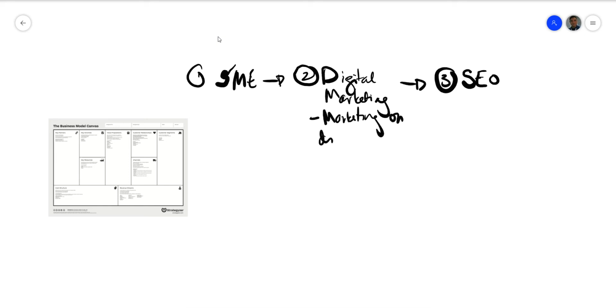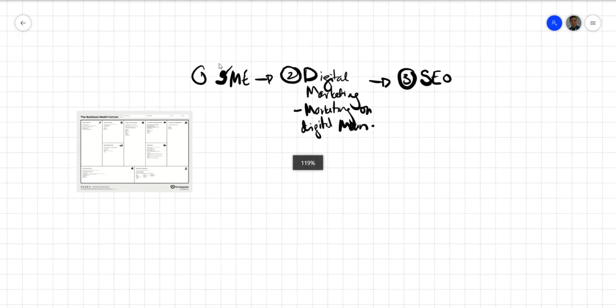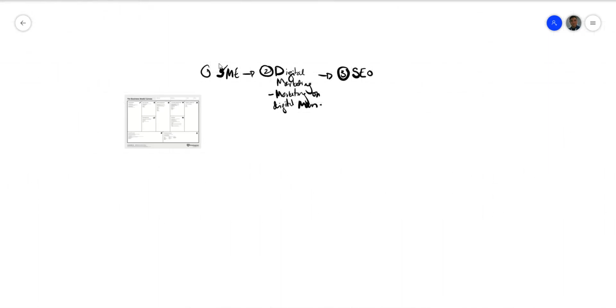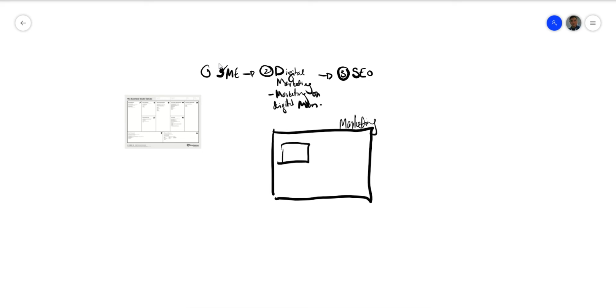Again, digital marketing is just your marketing on digital means. So when I say that, if I may zoom out for a while, we're looking at marketing. We have the general area of marketing, right? Then we also have your out-of-home marketing, your billboards, your banners, your buntings on the roadside, your electronic digital billboard.